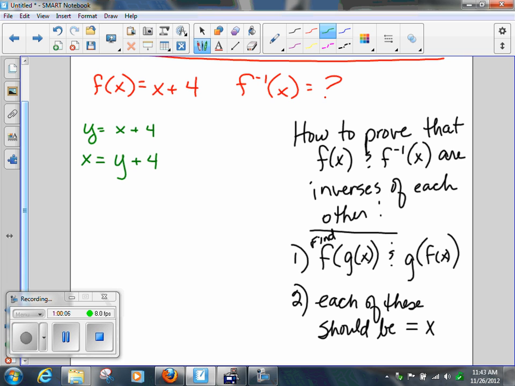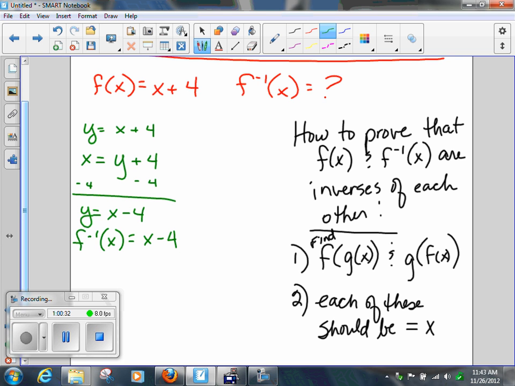And after I subtract 4, I get y is equal to x minus 4, yes? So that means my inverse is x minus 4, correct? Everybody with me, yes or no? All right.